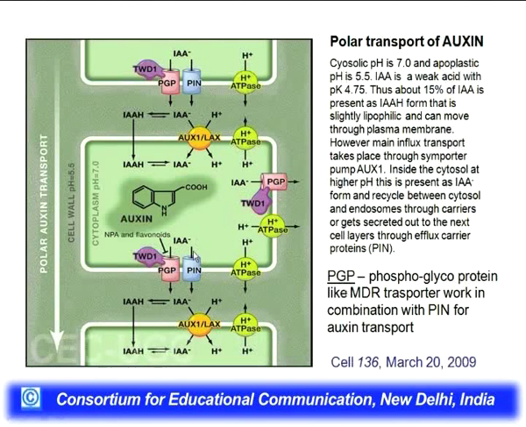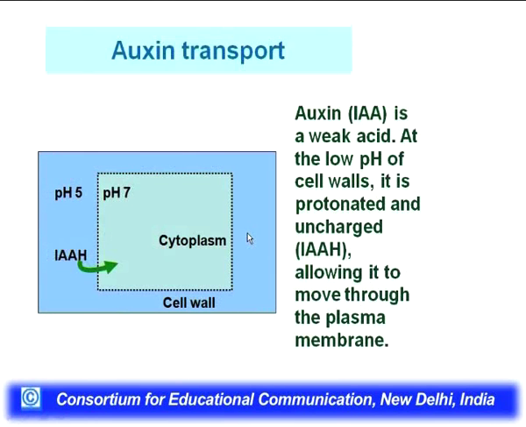If the PIN is down, auxin will be thrown down, and so on. So, the next cell auxin can enter. However, protonated auxin in the apoplast can get an auxin carrier through which it can enter the cell. So, entering the cell is dependent on the carrier, passively carried out, but exiting a cell requires active transporters, which are like PIN proteins.